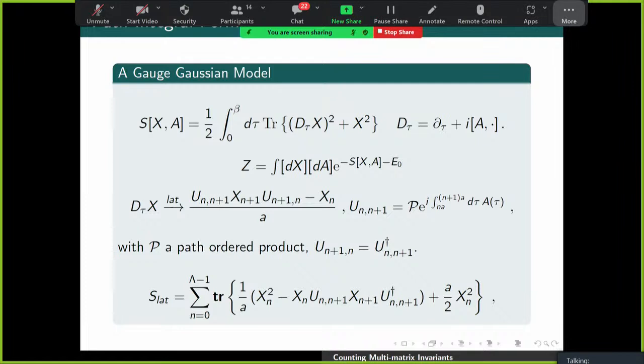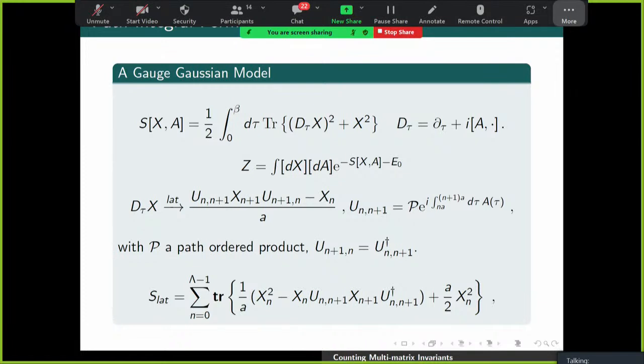This action, the simplest way to derive the Molien-Weyl formula is to treat this as a lattice gauge problem and do Euclidean path integral quantization of it, discretize it, so that the derivative becomes a finite difference.